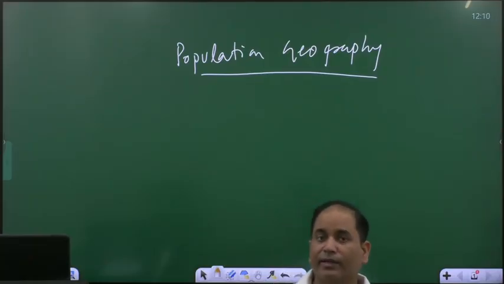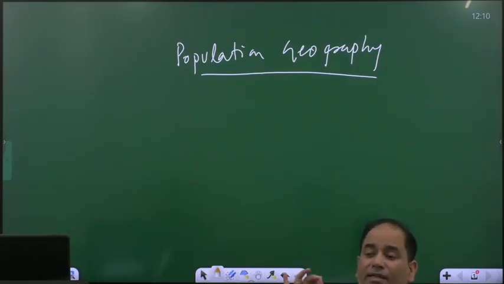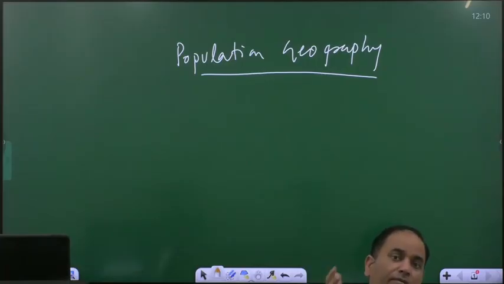Population was not seen as one particular proper branch of geography. In the present time, we are studying population geography as an altogether different branch of geography, but earlier it was not considered a particular branch of human geography.